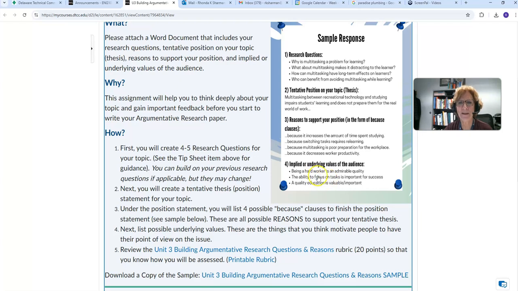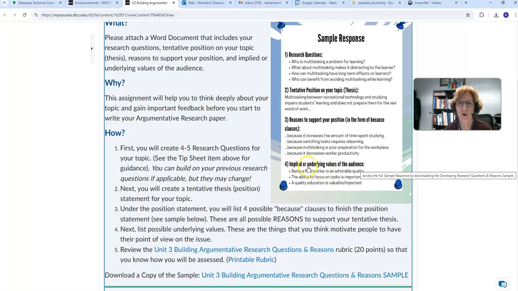And then finally, the implied or underlying values of the audience. These are not your reasons. These are not tied directly to your position. What we're looking for are the underlying philosophies, principles, beliefs, and values of those looking at this issue.